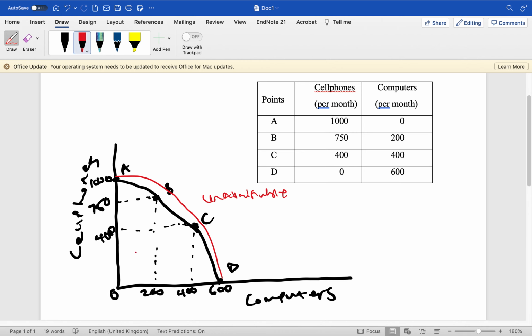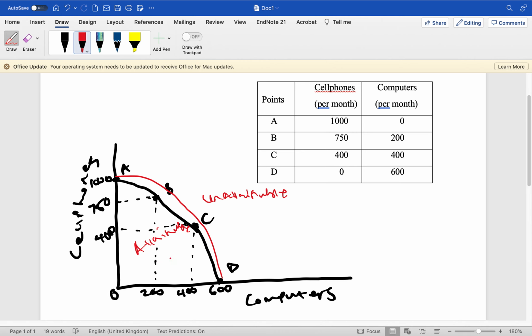And inside the PPF, any point is attainable, but it also represents a misallocation of the scarce resources available to us. Some of the resources are wasted in this example, because we could obtain any point along the PPF line, which is greater than the points inside the PPC.